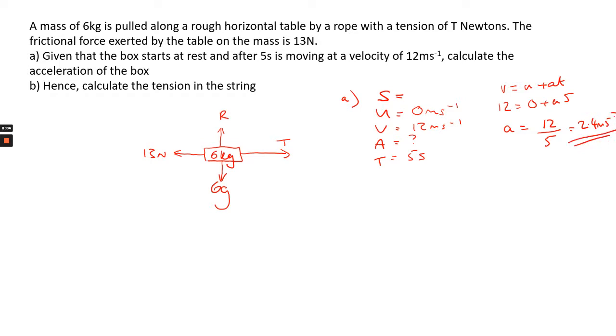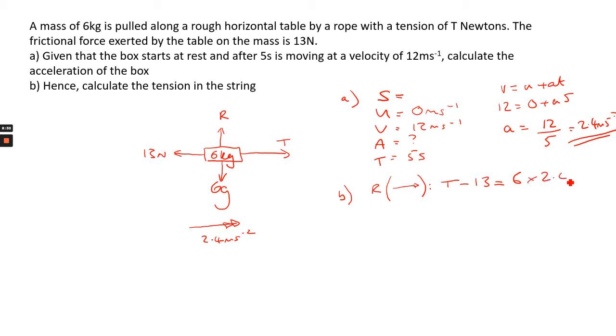Now, it then says, hence calculate the tension in the string. At this point, I'm asked to calculate one of my forces. Now, tension is operating horizontally, so I'm going to resolve my forces horizontally, and I'm going to have T minus 13 is equal to mass, which is 6, multiplied by the acceleration, which I've just worked out is 2.4 meters per second squared.